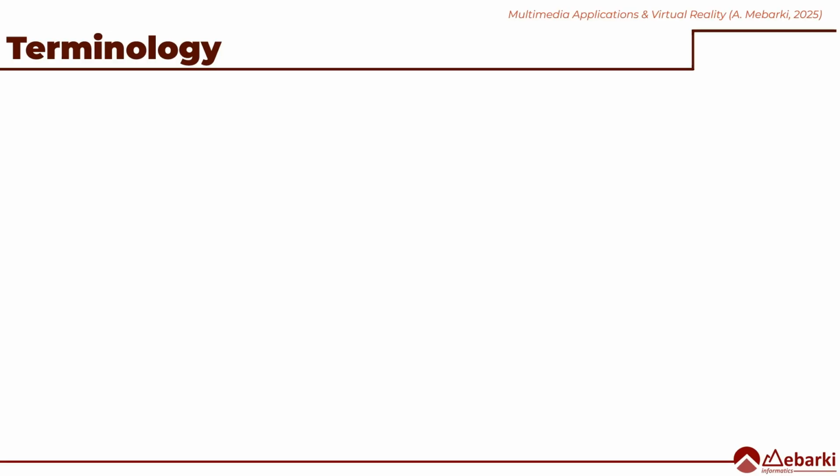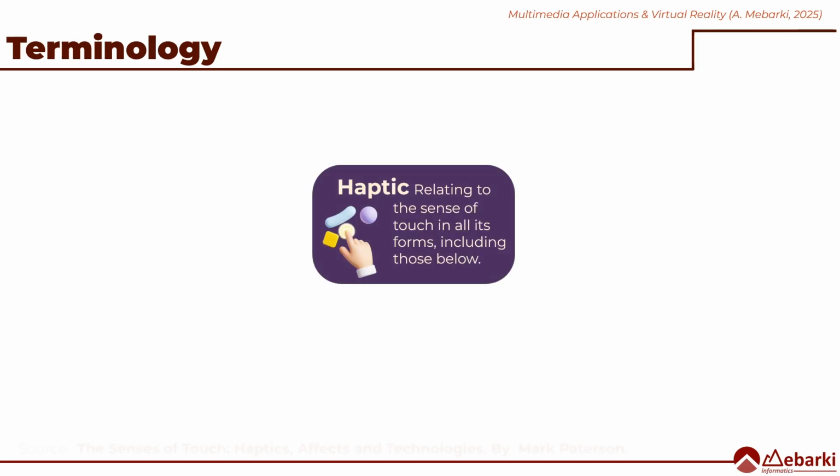In virtual reality, the haptic dimension refers to all interactions related to the human sense of touch, understood in its broadest meaning. Unlike vision or audition, haptics involves multiple sensory subsystems that together allow users to feel, move, and physically engage with virtual environments.